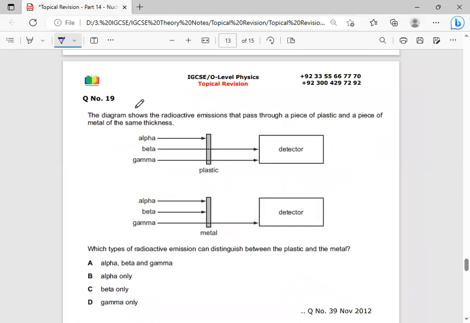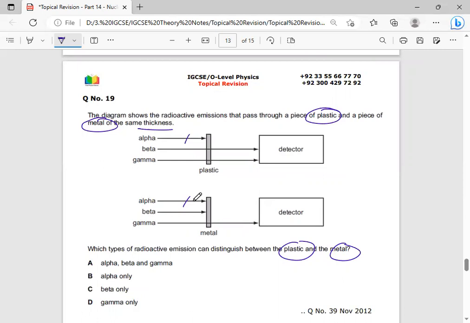The diagram shows radioactive emissions that pass through a piece of plastic and metal of the same thickness. Which type of radioactive emission can be distinguished between plastic and metal? From plastic, alpha are not supposed to pass, so we cannot differentiate alpha particles.